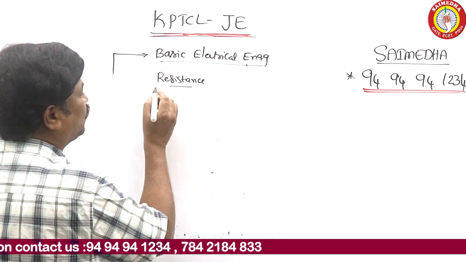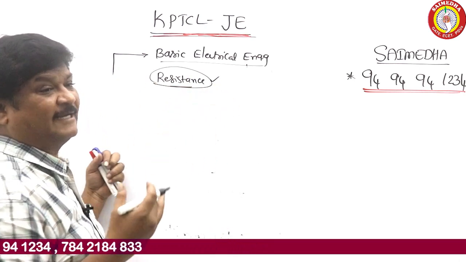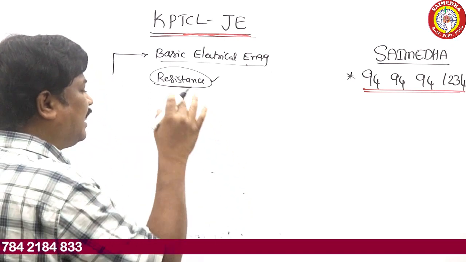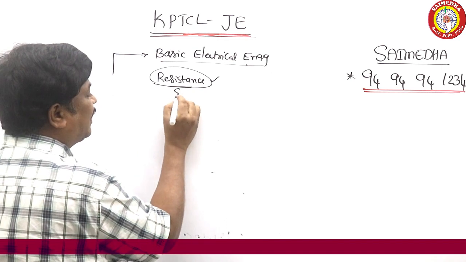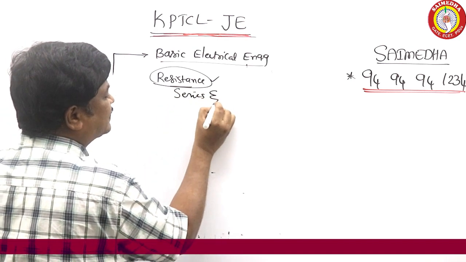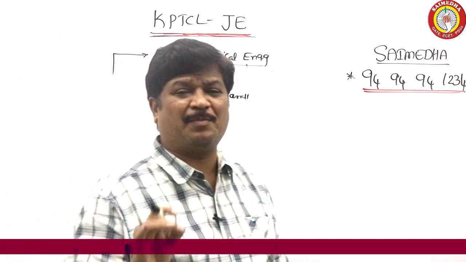The first one you have to concentrate on is DC resistance, loss of resistance. And after that, how they are connected in series and parallel combination in different circuits. There is a small problem.